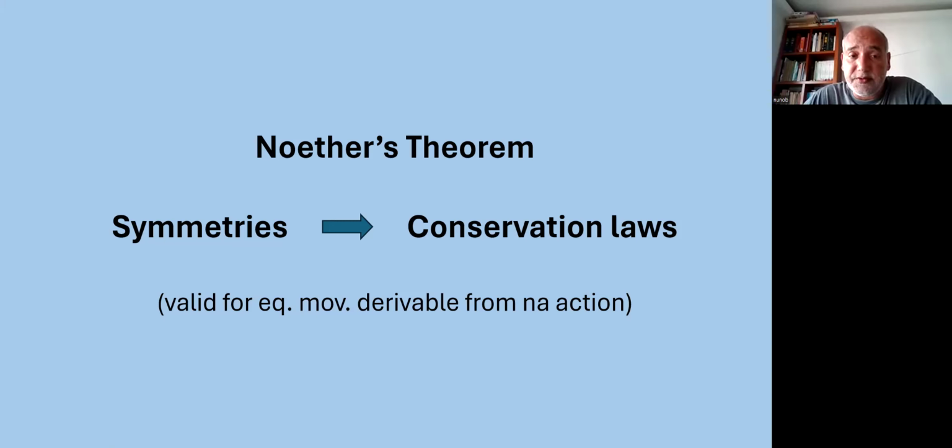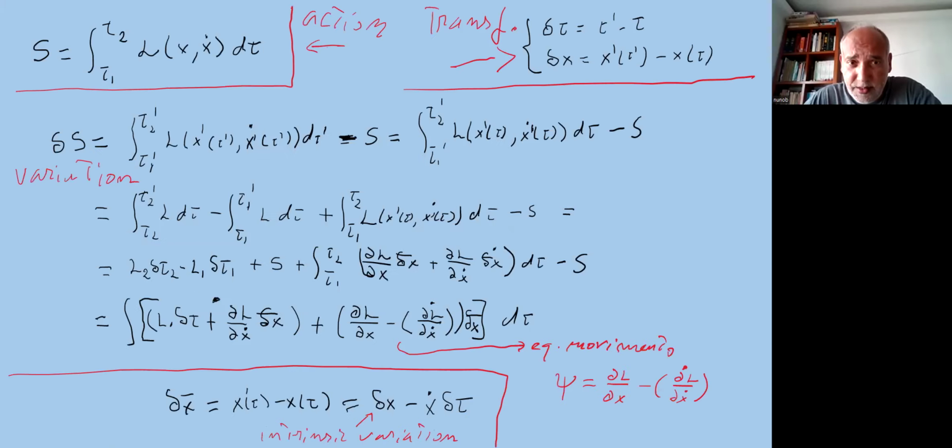It requires an action. So I sketched here a brief recollection of how Noether's theorem is proved. I did it in the most simple way, using an action which depends only on time and on the first derivatives of the field.